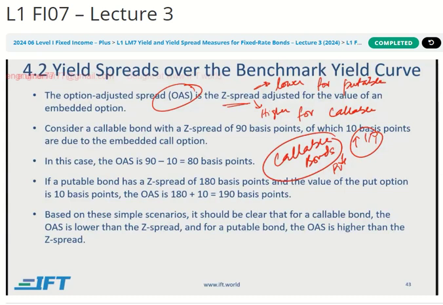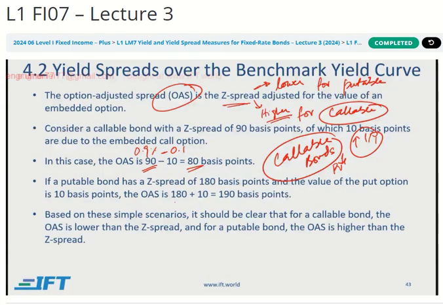So now if let's say my callable spread is higher because as an investor I'm taking more risk, I will have to minus from that spread, and this is by the way in basis points, which means it's 0.9%, right? I'll have to minus from it something to get to an option adjusted spread to bring it lower.